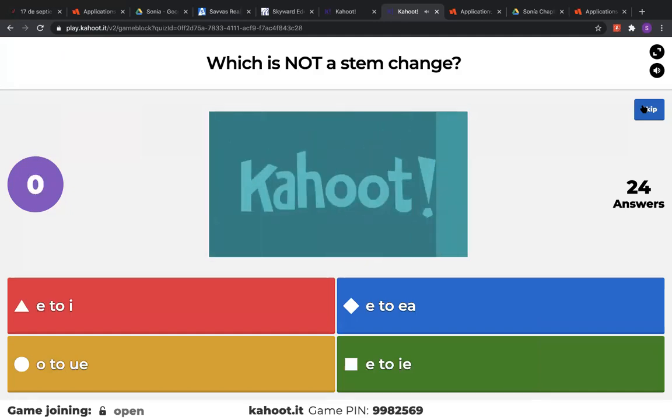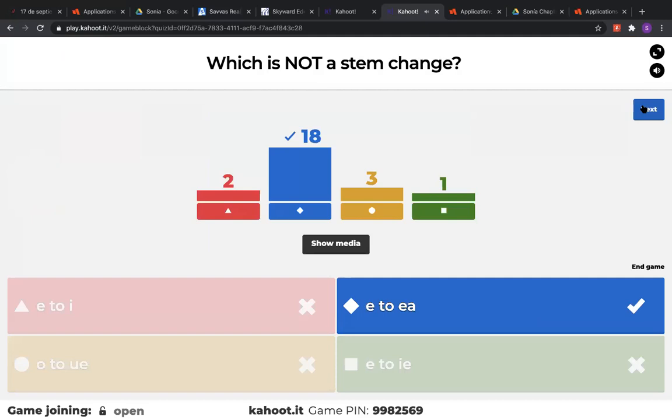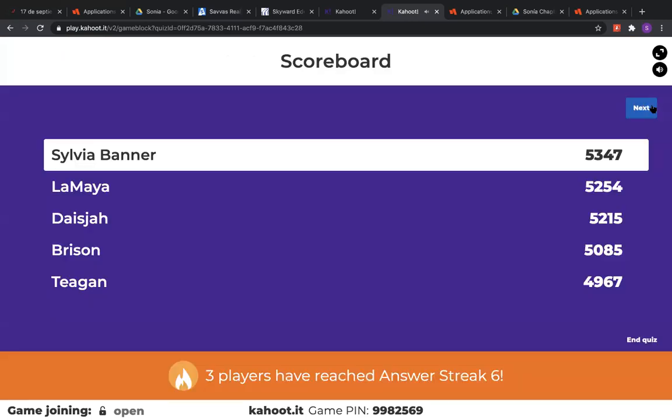Good job. That one I made up. These three are the three that we're looking for: E to I, and O to UE. Oh, a little movement.